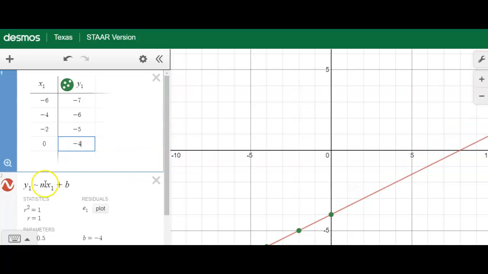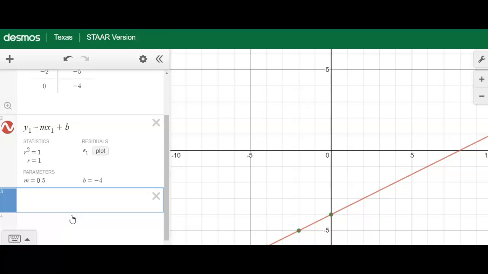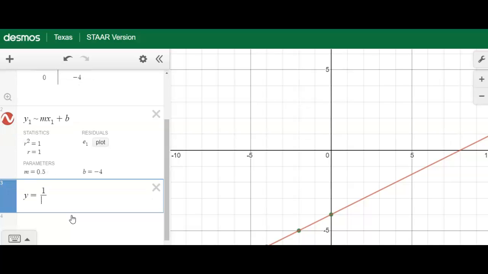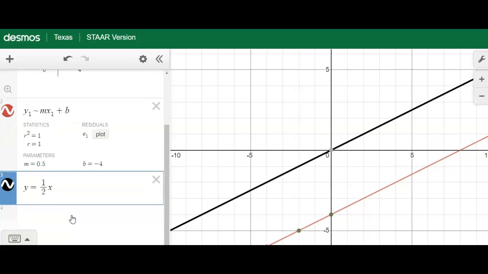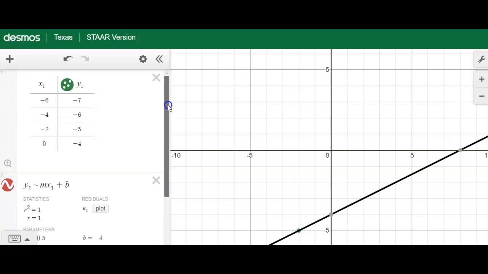If this number is exactly 1, that means all of these points are exactly on the line. Which line? Y equals, do we know the fraction for 0.5? Do we know that 0.5 is 1/2? X minus 4. That's the line that goes through the points.